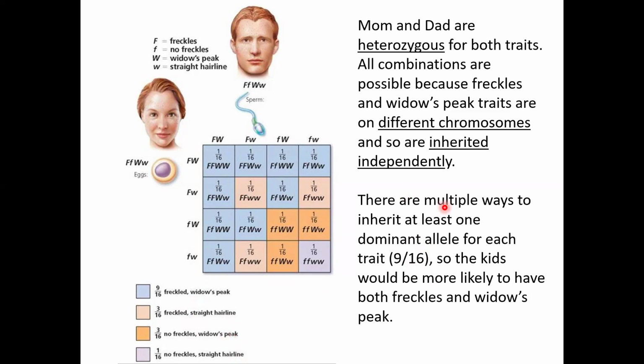But the one thing about these traits is that they were on separate genes, or rather separate chromosomes, so they were able to be inherited independently. There are different ways that traits wouldn't be inherited independently, and we will talk about that in the next video.